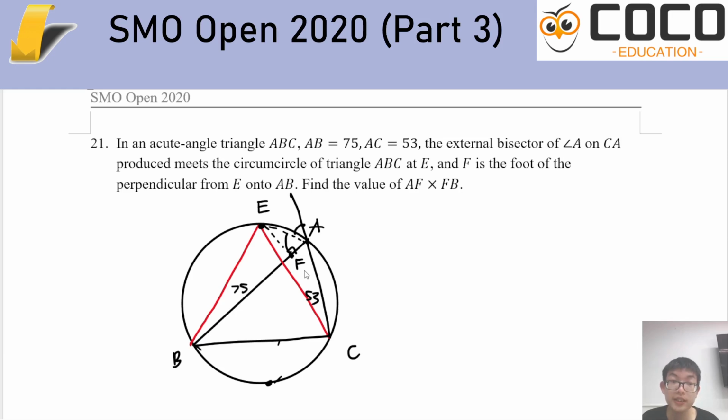The trick here is to think about what does the external angle bisector also do apart from hitting it at this midpoint down here. Now the external angle bisector is still an angle bisector. Angle bisectors are basically lines of symmetry.